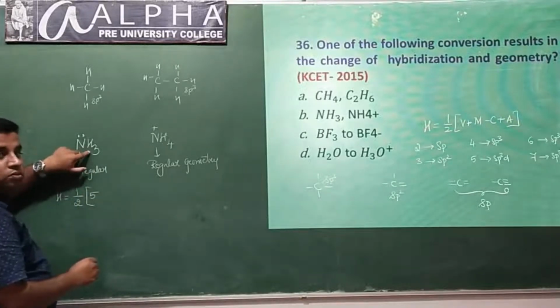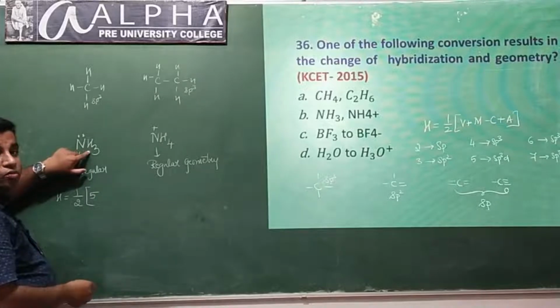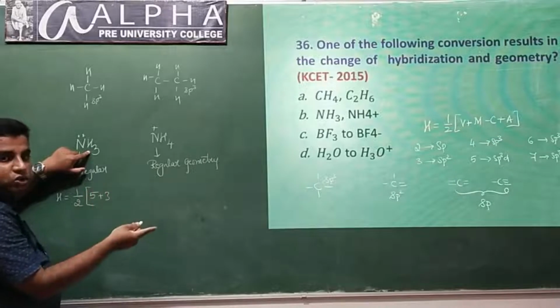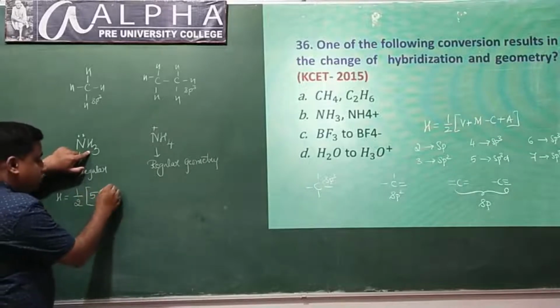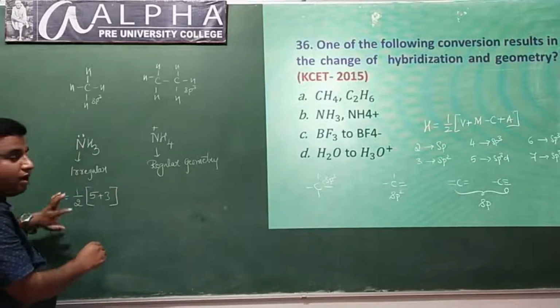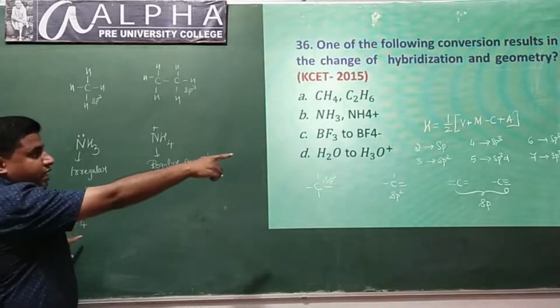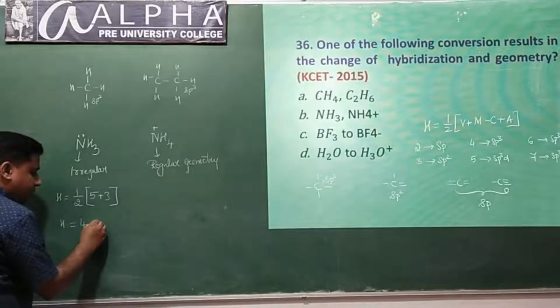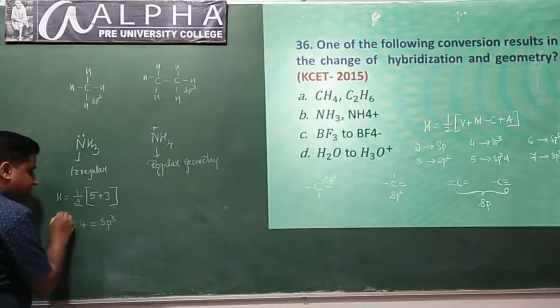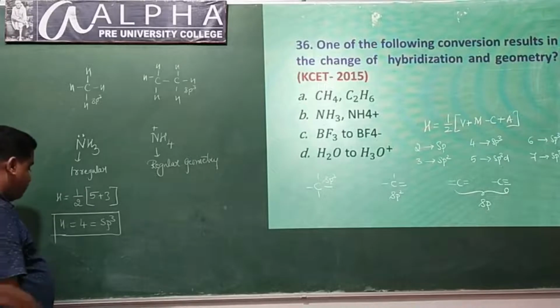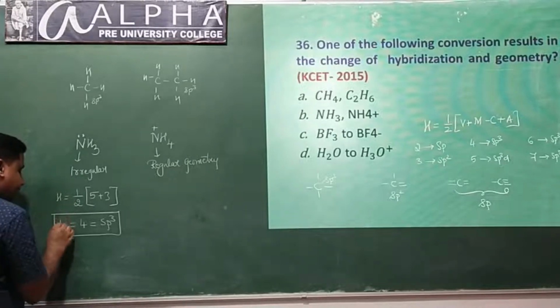Number of monovalent atoms is 3. Total positive charge 0, total negative charge also 0. So 5 plus 3 is 8, half of 8 is 4. If H is equal to 4, the hybridization is sp3. Is that correct? Yes.